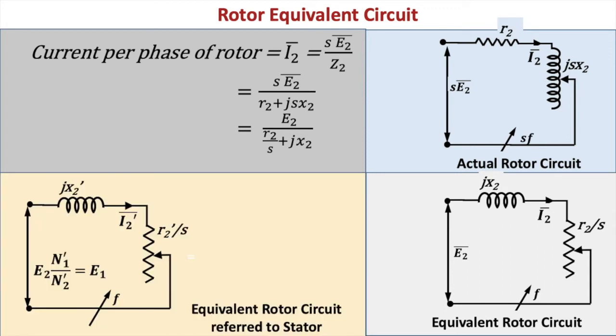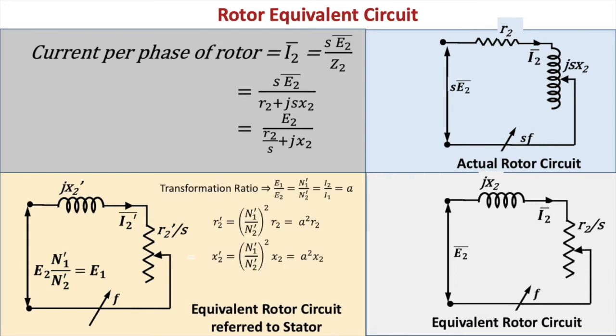So when we build the equivalent circuit, E2 will be the voltage obtained through the transformation ratio from the supply voltage. Depending on the transformation ratio, you can calculate E2 as per the induced EMF, as we have done before. That is, E1 by E2 is equal to N1 dash by N2 dash, which is the effective turns ratio.